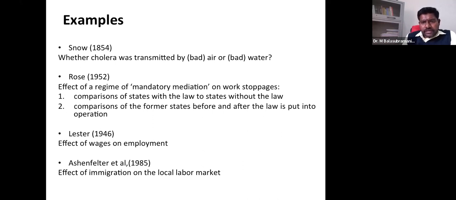Then Rose studied the effect of mandatory mediation on work stoppages, comparing the status before the law intervention and after. And Altonji, Card and others studied the effect of immigration on the local labor market, like Lester, in an elaborate study made in the US.